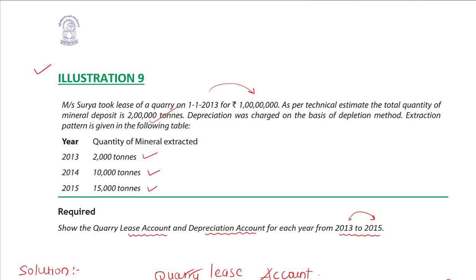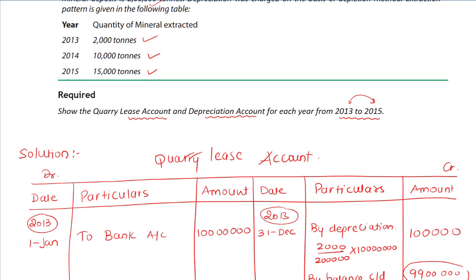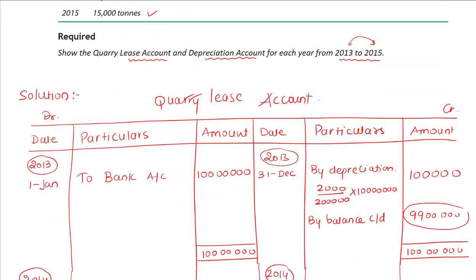And at last we solved illustration number 9, where it is required to make a query lease account for 3 years, from 2013 to 2015, and also a depreciation account from 2013 to 2015. First, we made the query lease account.